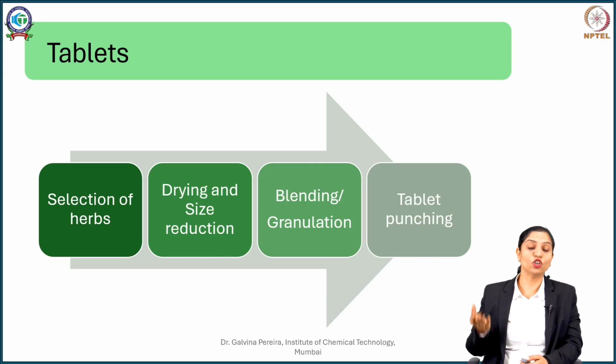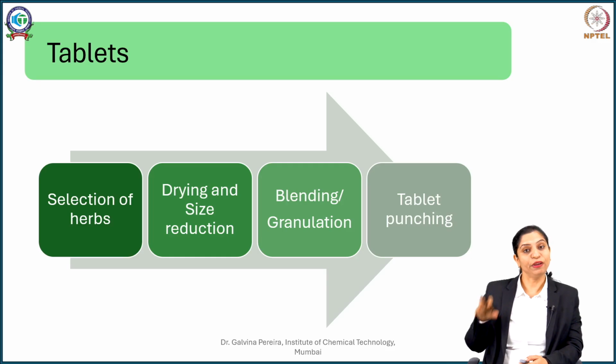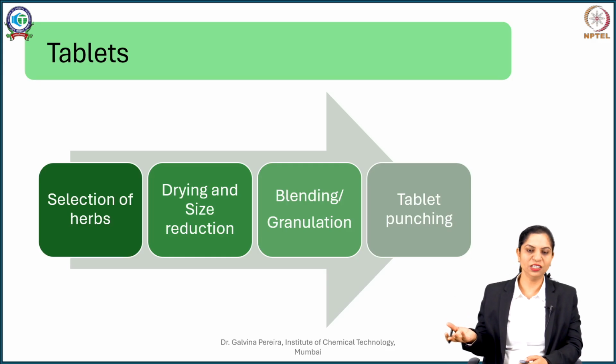In some cases your extracts are formulated. So here, depending upon the final dosage form and the requirement, you will select your herb, you will do the size reduction, if need be you will do the extraction, then you do the granulation, very similar to the previous method.